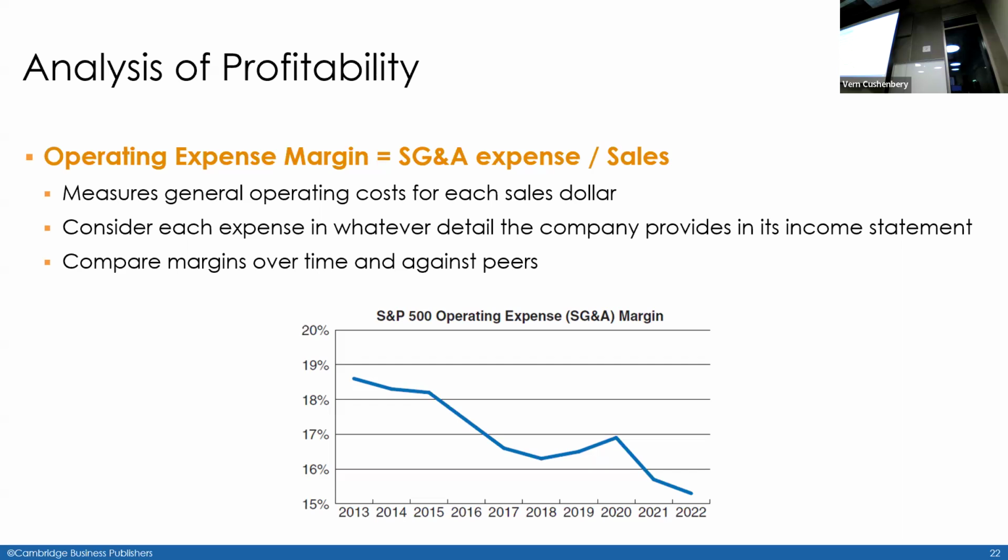So this is the inverse of profit margin. So expenses are going down. And if we had another chart that was showing it, you'd see profit margins going up. Prepare one of these for whatever company that you're working on, and then dive into the data and be able to explain, well, what was it about this time period from 2013 to 2022 that caused operating expense to decline so significantly?